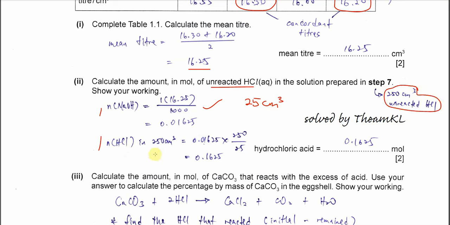So the number of moles of HCl in 250 cm³ must be 10 times more, because it's asking for 250 cm³, not 25. So you use the moles of sodium hydroxide obtained, which is also the same as the moles of HCl in 25 cm³. In 250 cm³, you need to times 10, right? So you get 0.1625 mole.